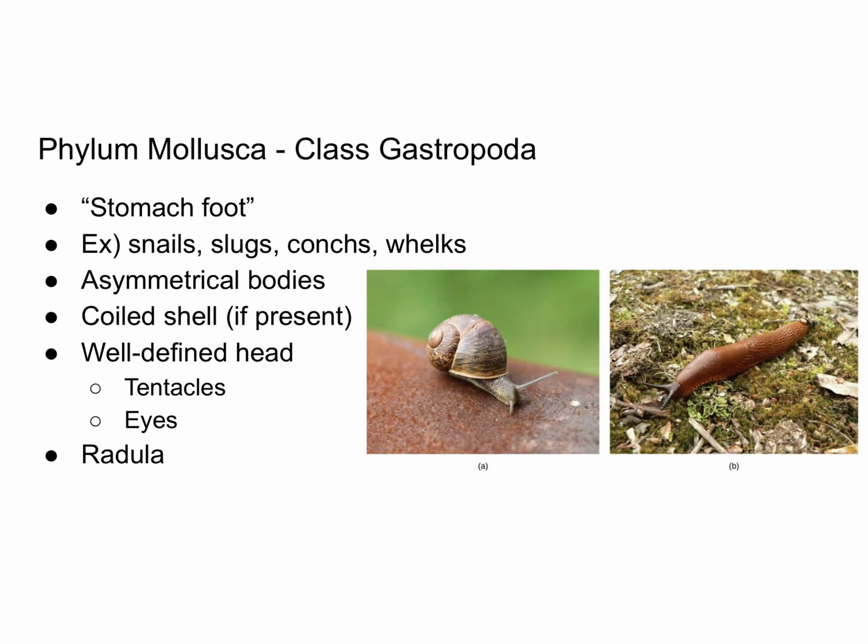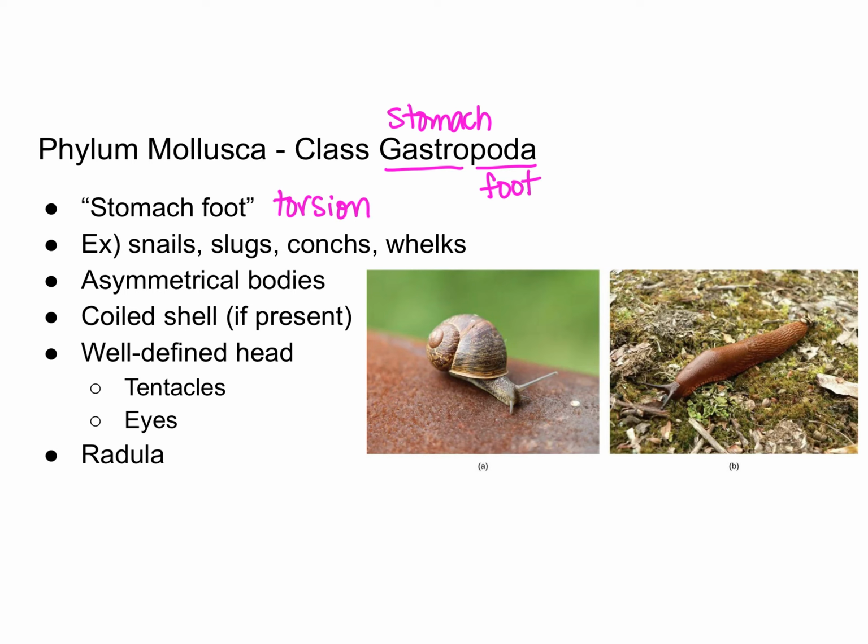Another class of mollusks that you are probably familiar with are the gastropods or class Gastropoda. And gastro means stomach, and poda or pod means foot. And we'll talk about why they are called the stomach foot on a future slide when we talk about something called torsion.